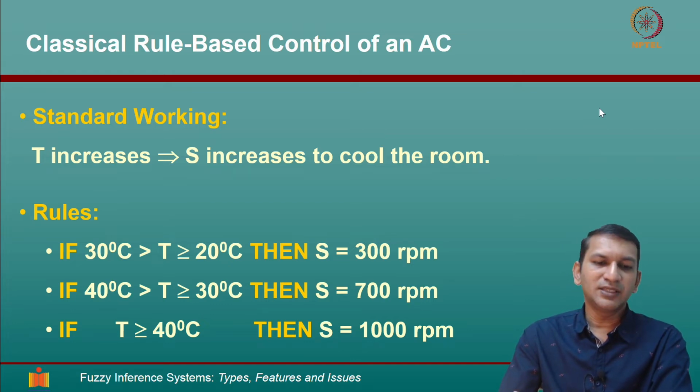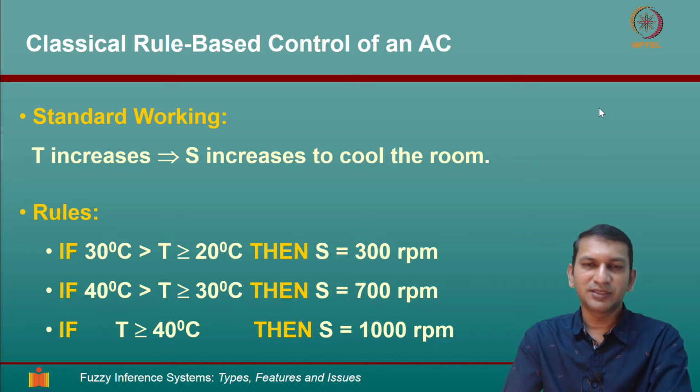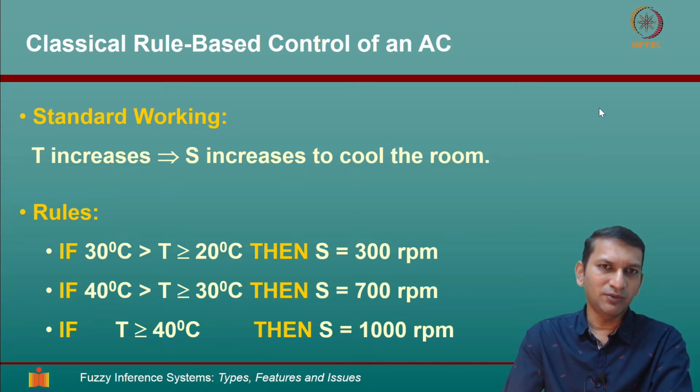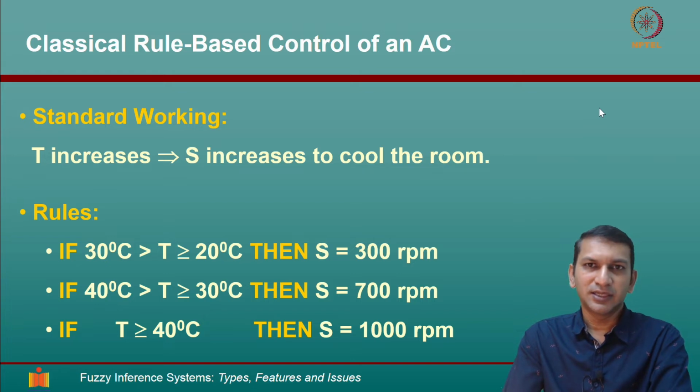So there are a few things that perhaps we should note here. Firstly, these are classical if-then rules. If you recall what we have done in one of the earlier lectures last week, we started with a classical if-then rule of the form, if X belongs to A, then Y belongs to B. You could look at T belonging to 20 to 30 degrees as T belonging to the interval 20 to 30, which is essentially a subset of the domain, whatever we are considering as the temperature domain.